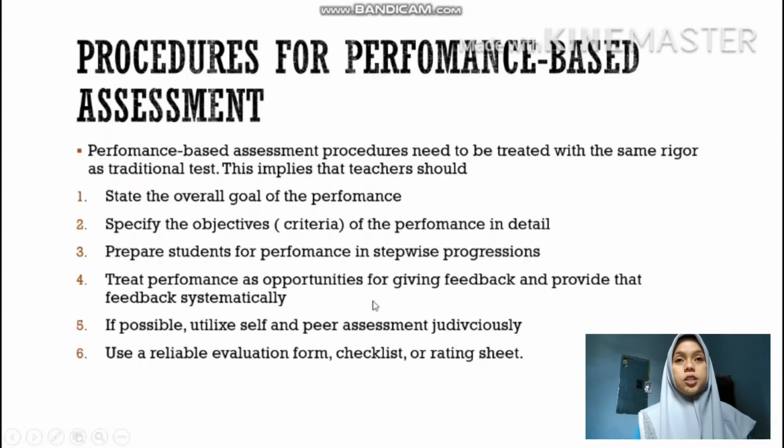And the next slide is procedure for performance-based assessments. Performance-based assessment procedures need to be treated with as much rigor as traditional tests. This implies that teachers should state the overall goal of the performance, specify the objective criteria of the performance in detail, prepare students for performance in stepwise progressions, then treat performance as opportunity for giving feedback and provide the feedback systematically.